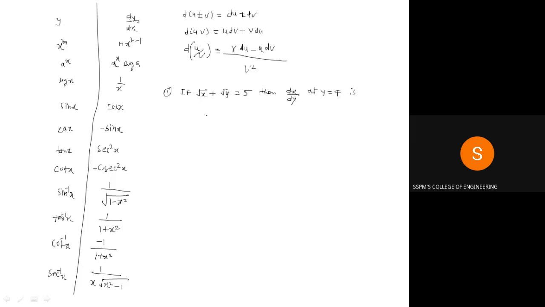So keep in mind, we are happy to solve the differential in the form of dy by dx, but here it is dx by dy. So in this case, x acts as a dependent variable and y as the independent variable.